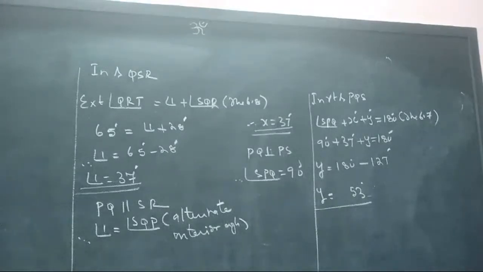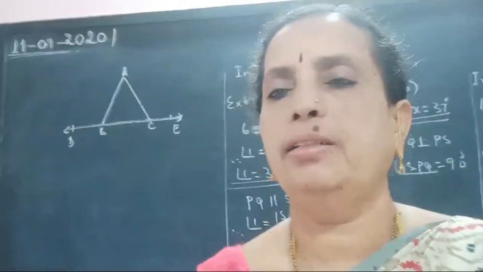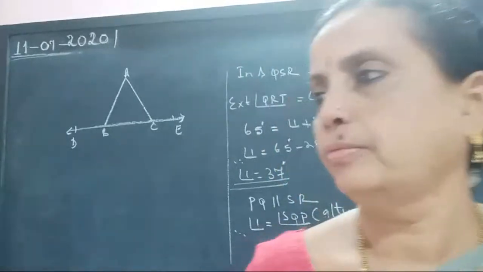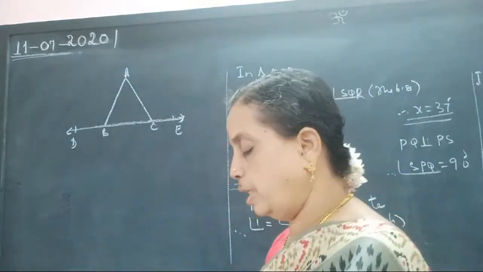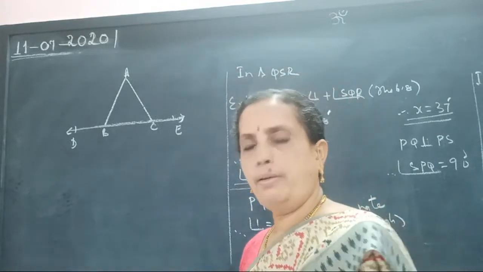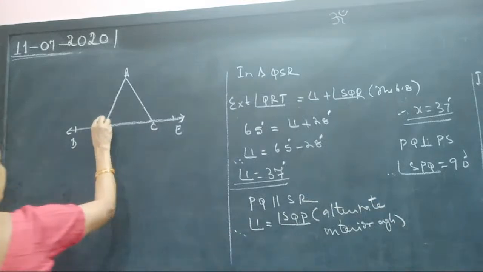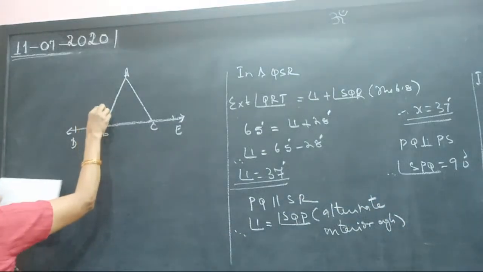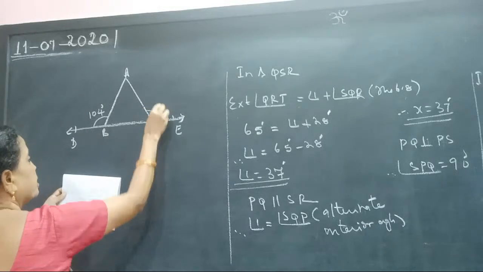The exterior angles are formed on both sides of the base BC; take them as D and E. According to the statement, I am writing: the exterior angles obtained on producing the base of a triangle both ways are 104 degrees and 136 degrees.